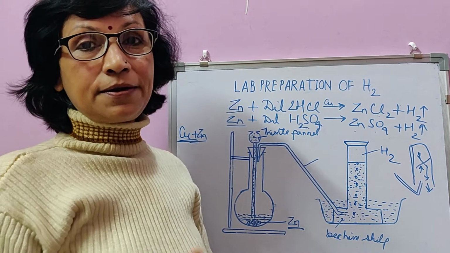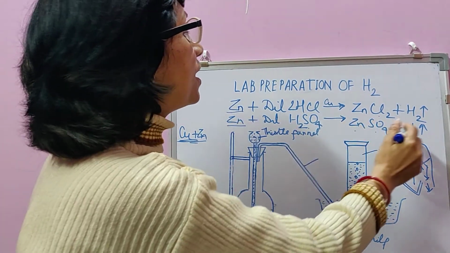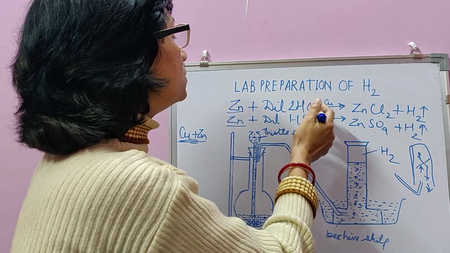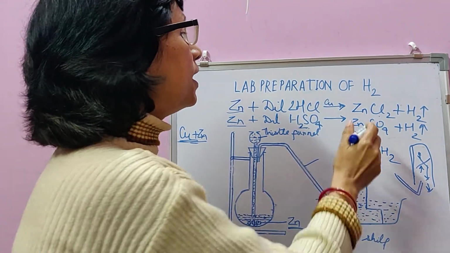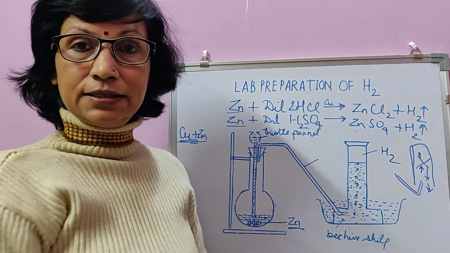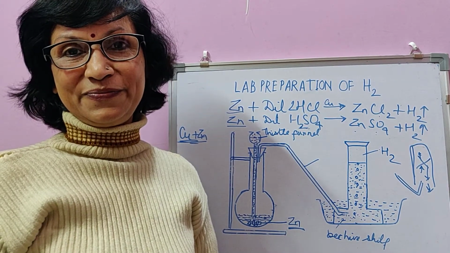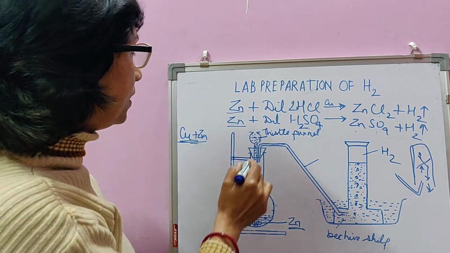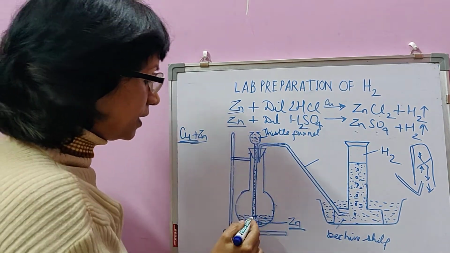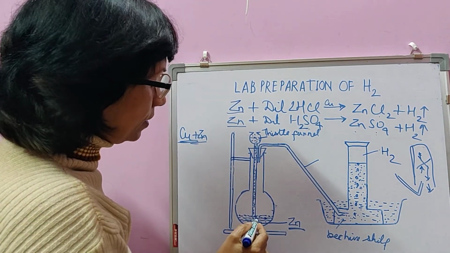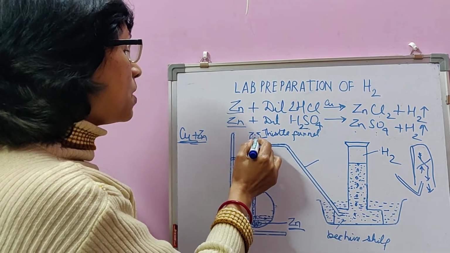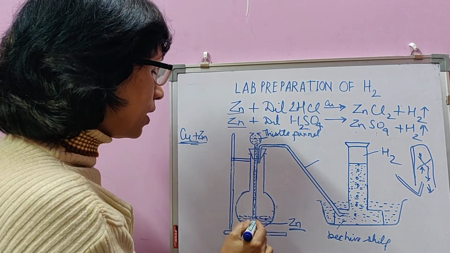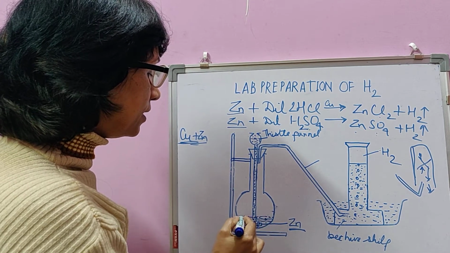Otherwise, with all the active metals, this reaction can happen, that is a displacement reaction, in which hydrogen is displaced from the acid, and a salt and hydrogen gas are formed. Then we take a long-neck thistle funnel, and we pour a sufficient amount of dilute acid so that the lower end of the funnel is under the liquid.